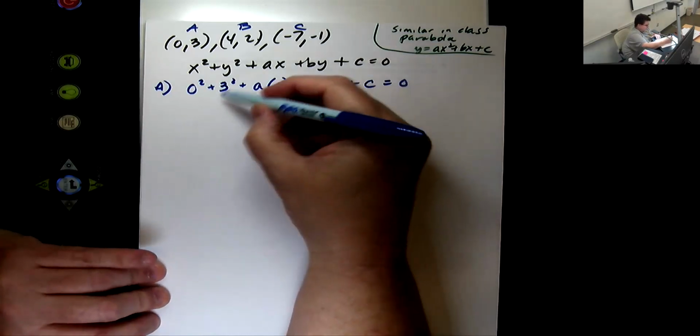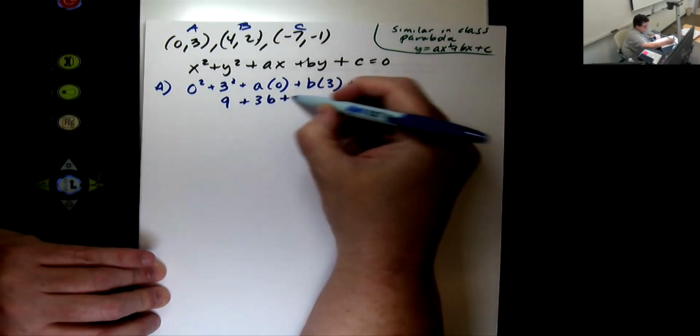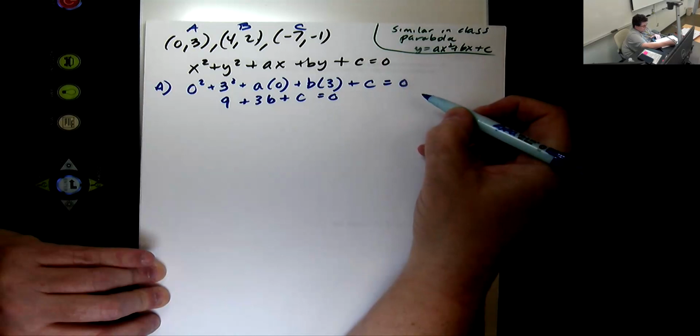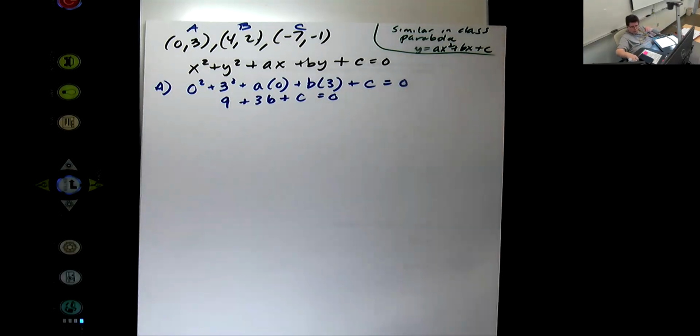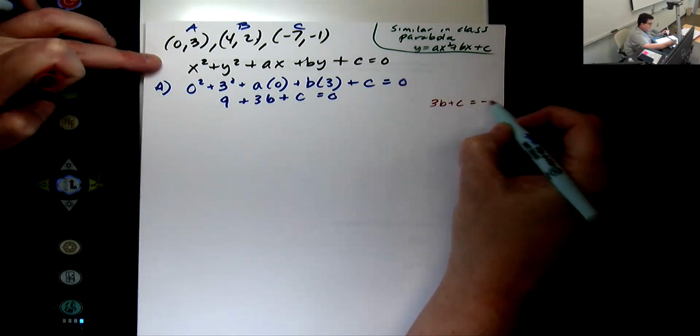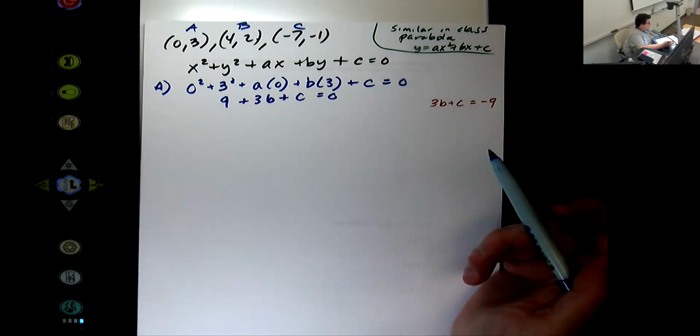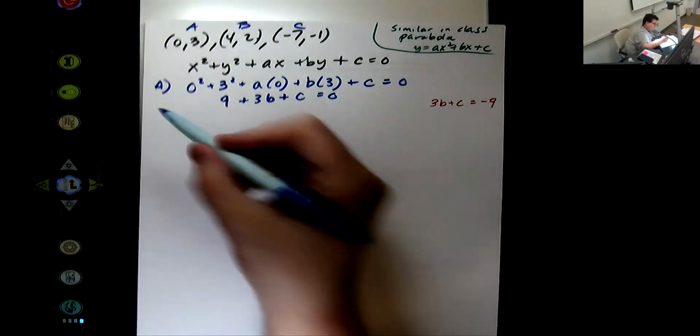So I got 9 plus 3b plus c equals 0. I'm going to move the 9 over to the right, and we're going to call this 3b plus c equals -9 by subtracting 9 from each side. Does that make sense? Okay.